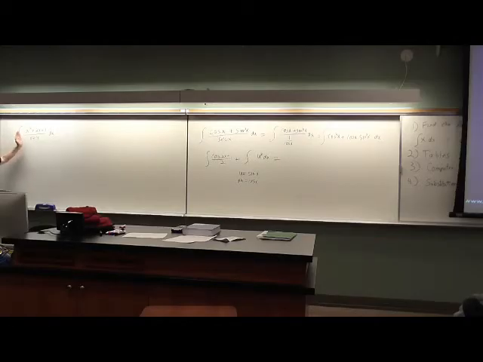If you have a rational function like this, where the degree of the numerator is greater than the degree of the denominator, sometimes it will help you to do some division. So I hope you're all familiar with this kind of division.